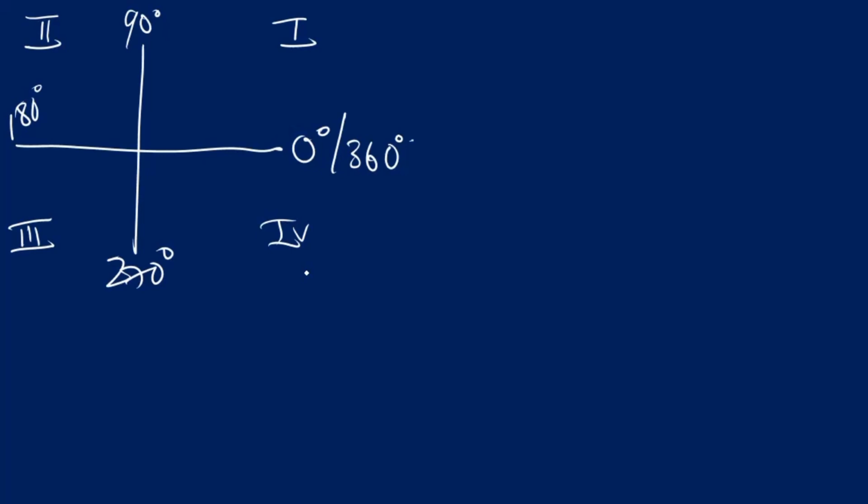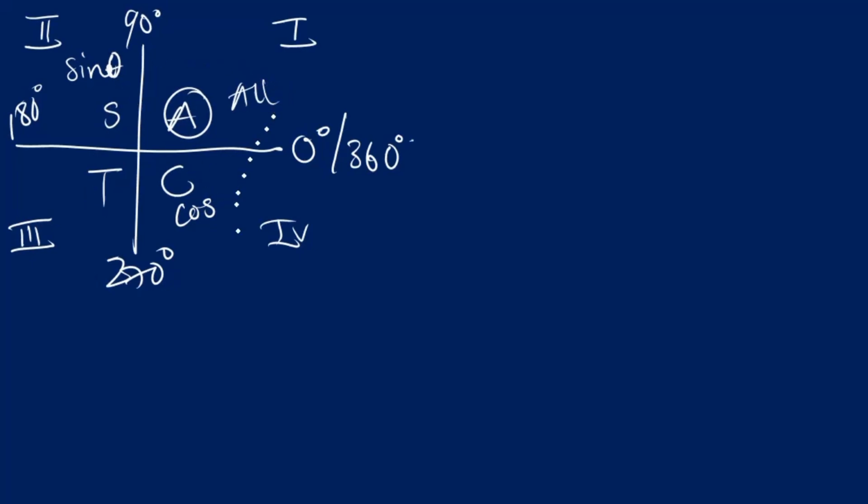And then we have this system, the CAST method, whereby C represents the cosine. This represents all trig functions. This represents the sine, let's say the sine of theta. Let's use theta there.